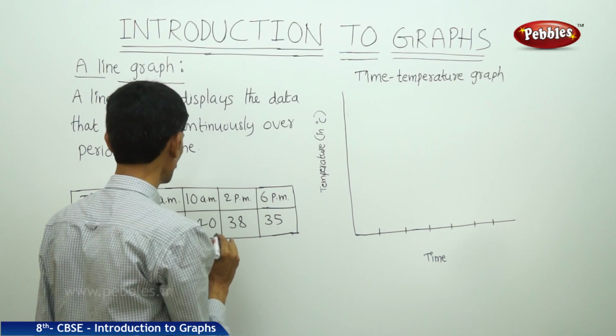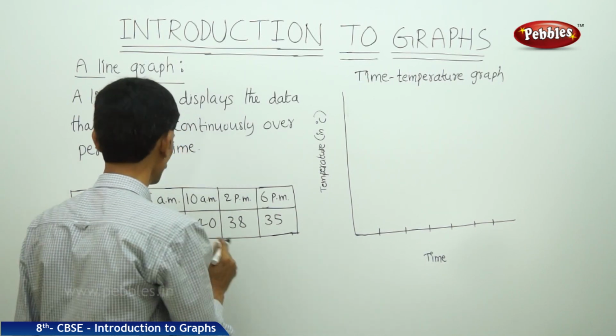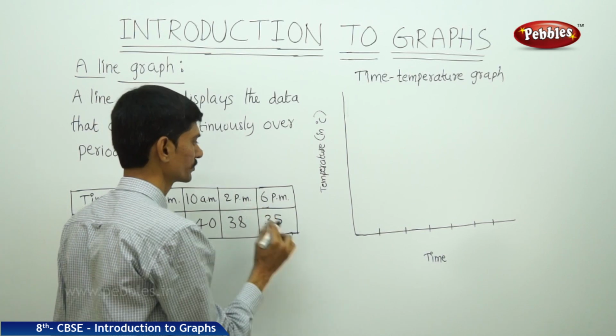Now we will take the time on the x-axis with equal intervals from 6 am to 6 pm.